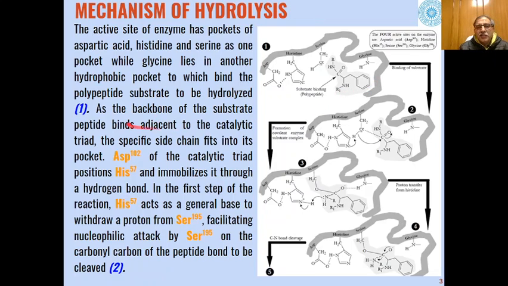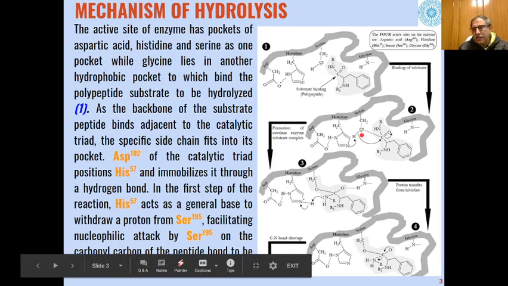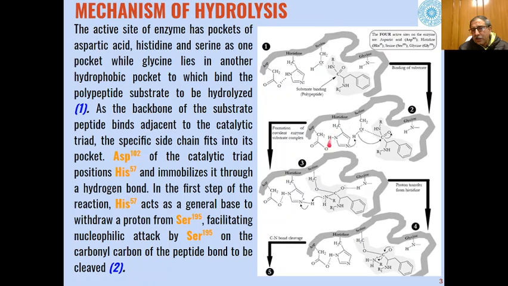Then in the second step, the peptide backbone of the substrate binds adjacent to the catalytic triad. These three catalytic active sites, aspartic acid 102, histidine 157 and serine 195, will interact with the substrate. The imidazole base will abstract the proton from the serine, and this nucleophilic oxygen will attack this carbon.